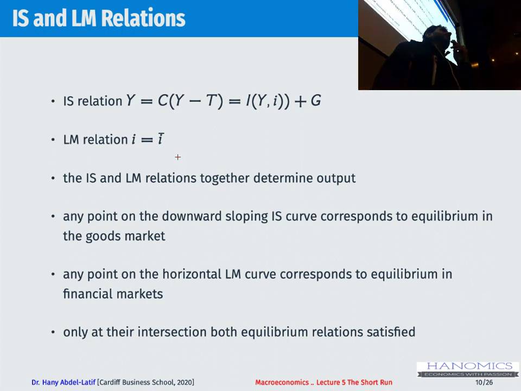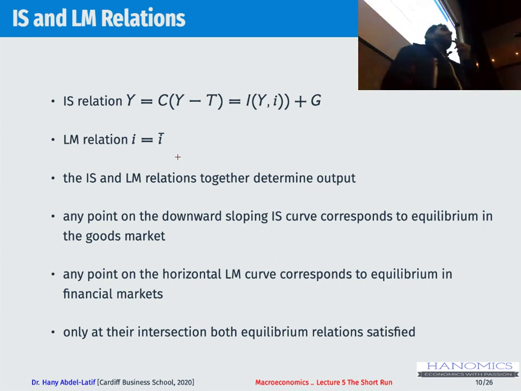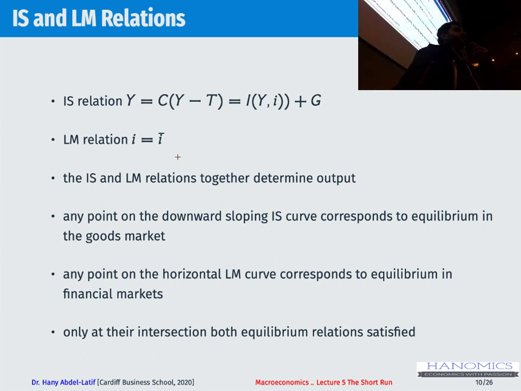Any point on the LM, which in our case now is horizontal, and I showed you the traditional way of thinking about LM, which is an upward sloping curve. But if we take into consideration the way modern central banks work, then we would probably have the LM curve as a horizontal line. But regardless of whether it is horizontal or upward sloping, any point on that curve corresponds to equilibrium in financial markets.